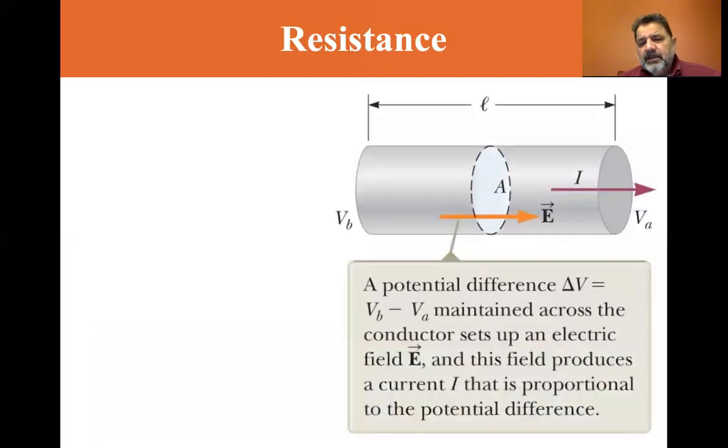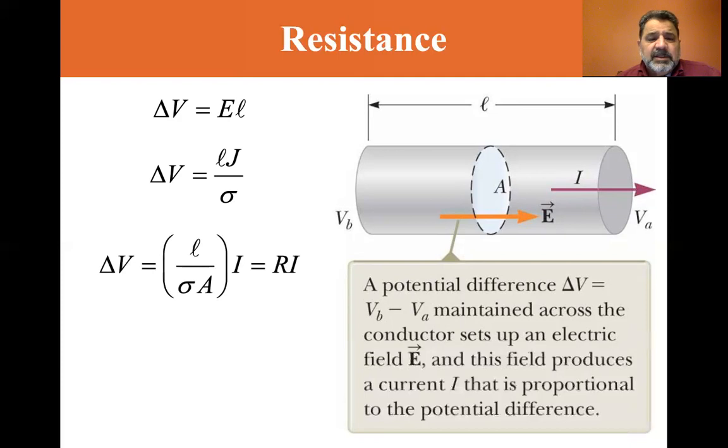Now, we have the potential difference, delta V, maintained across the conductor, and it sets up an electric field E. And this field produces a current that is proportional to the potential difference. So delta V is equal to EL. In previous chapters, we used delta V equals ED, where D is the distance. And since E is equal to the current density divided by conductivity, delta V is equal to L times J divided by the conductivity sigma.